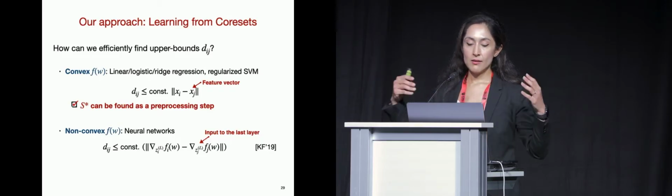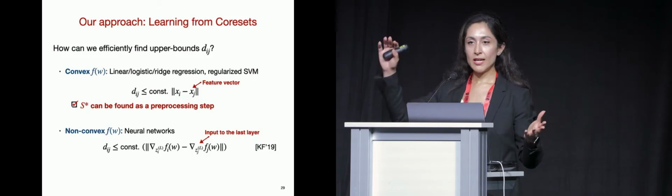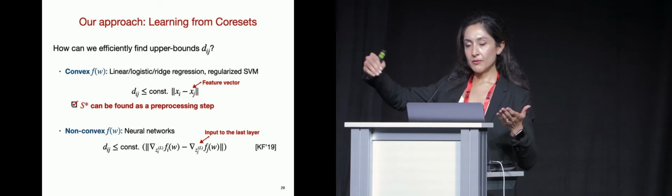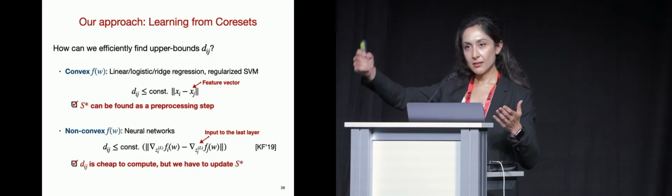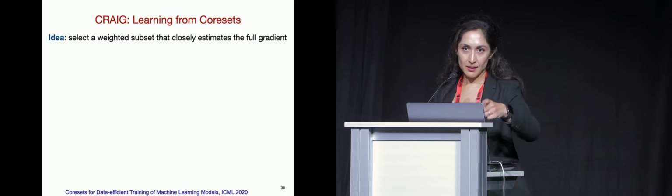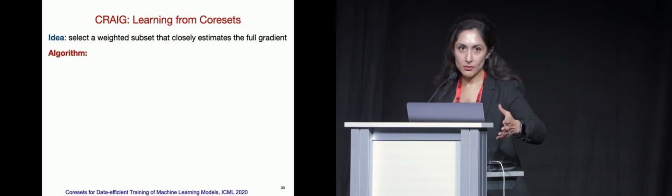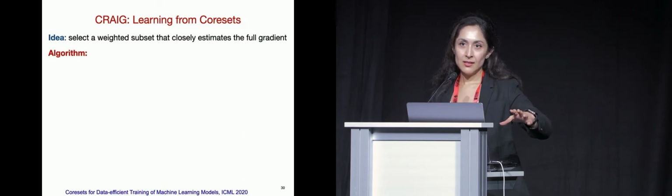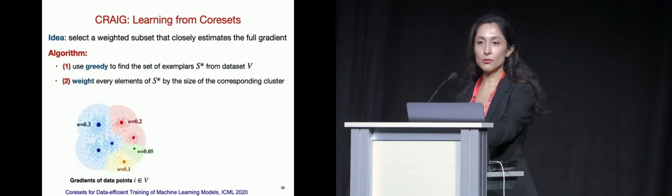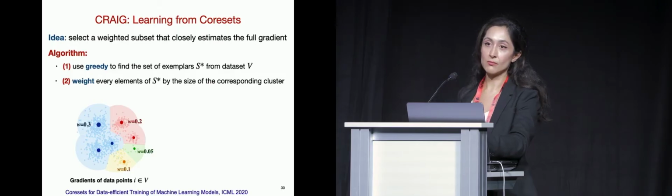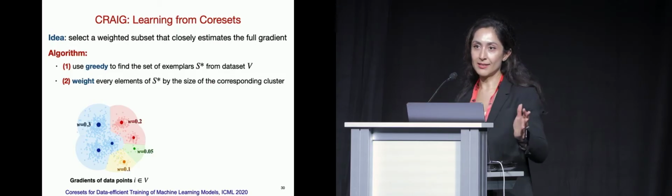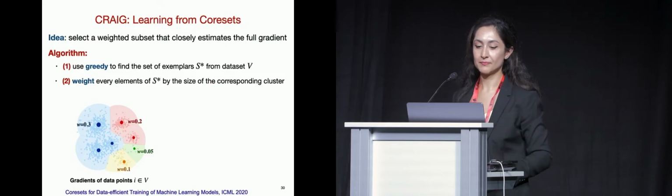For example, if you are training a classification model, we have a softmax cross entropy, and the gradient of the cross entropy with respect to the input to the softmax just becomes the logit vector. So we do a forward pass, we get the logit vectors, we cluster the logit vectors, we take the centers, we train on them, and we move on. But if you notice, this still depends on W. So we have to update this subset during the training, every now and then. And I will talk about when.